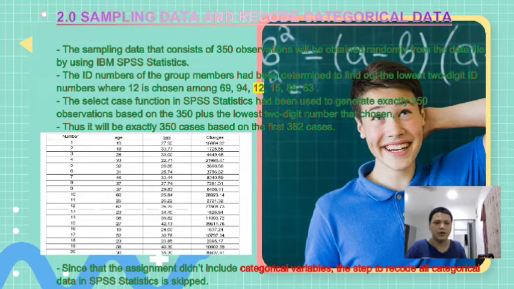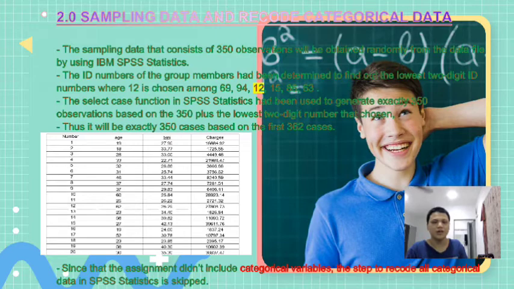The picture below is cropped from the sampling data, which is just a part of it, from 1 to 20, because the 350 cases is too large to fit on this slide.